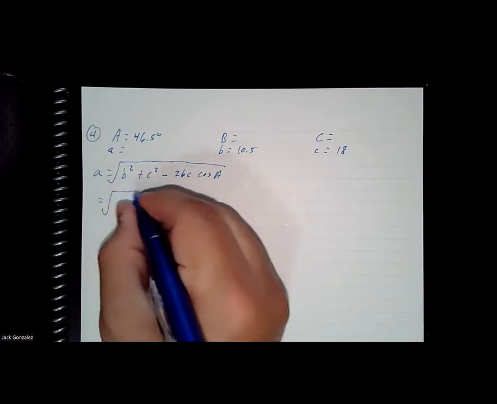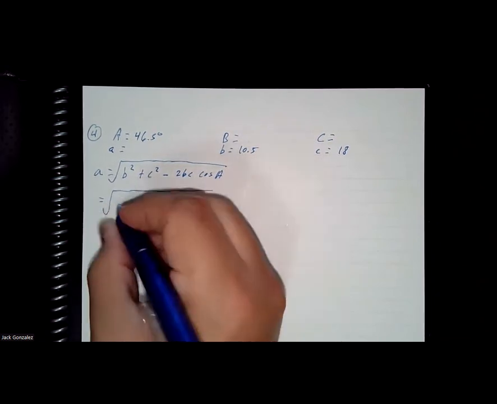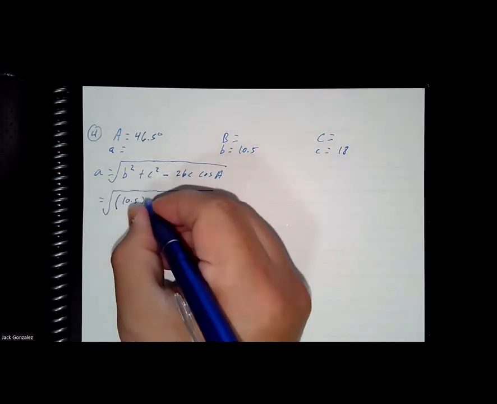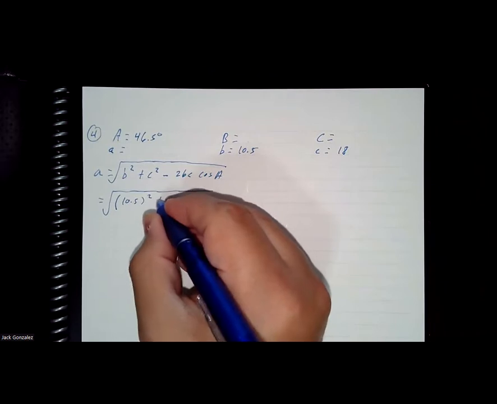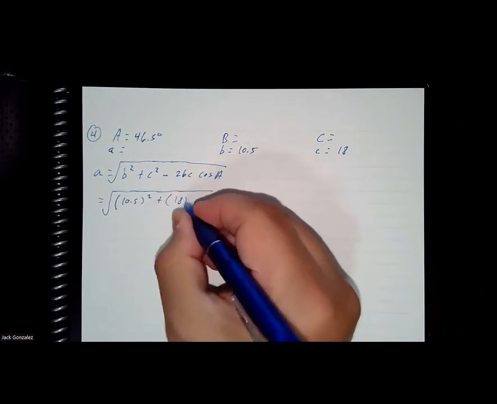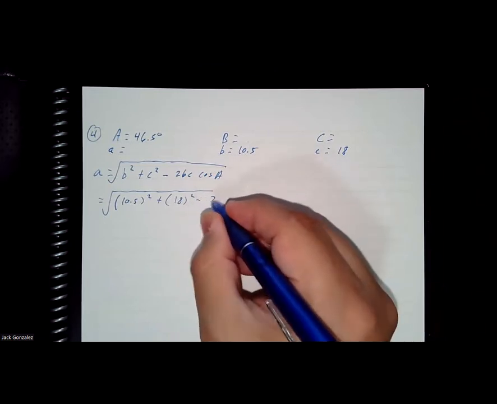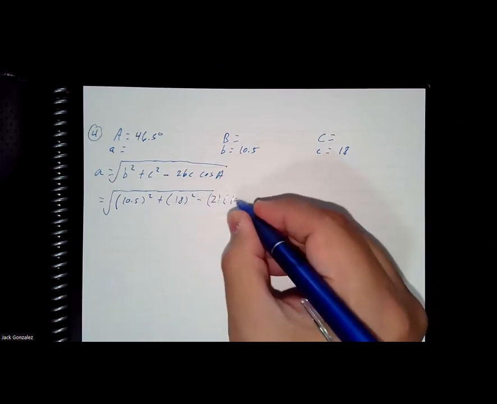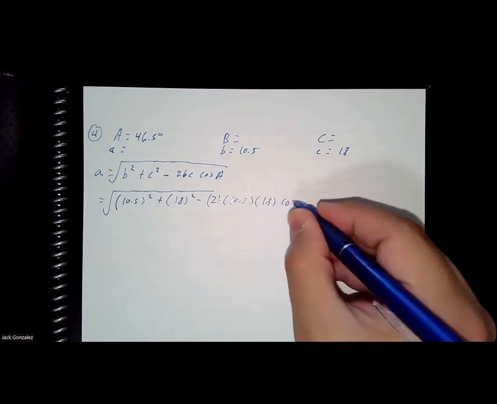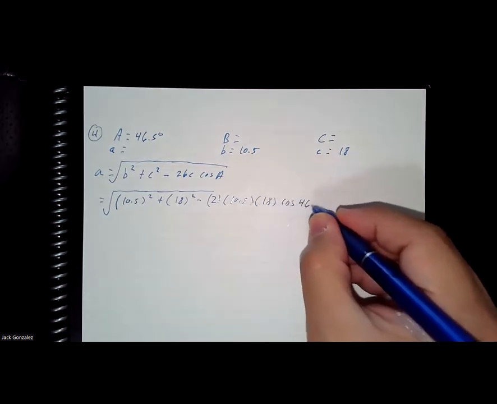The square root of 10.5 squared plus 18 squared minus 2 times 10.5 times 18 times cosine of 46.5.